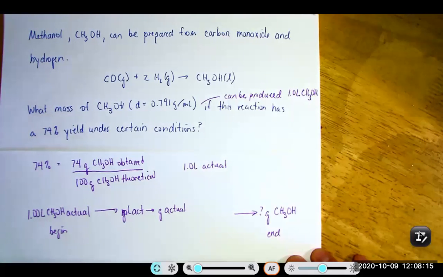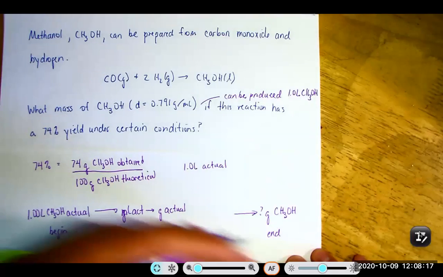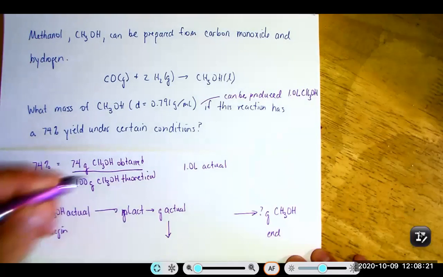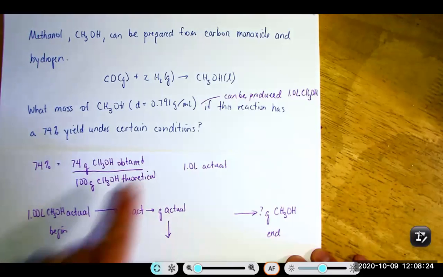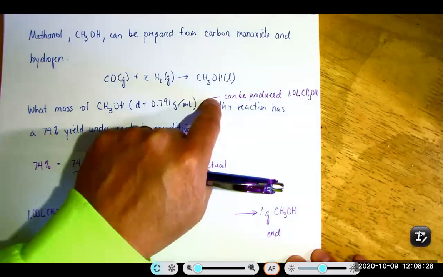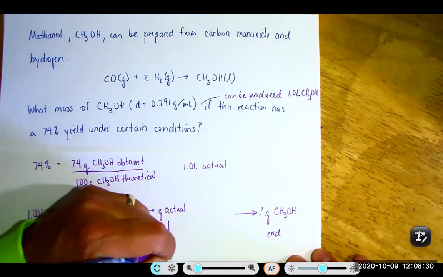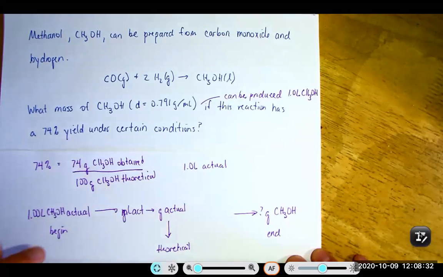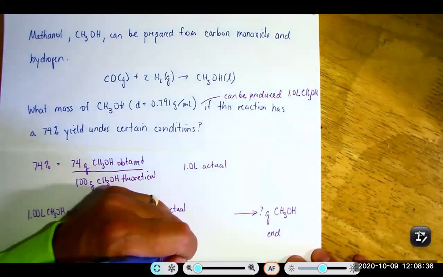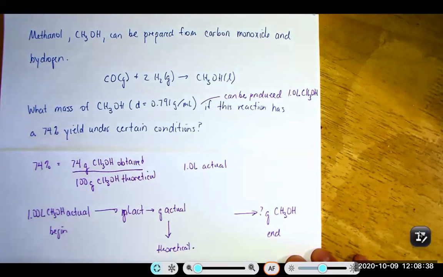And I see I need more room to work here, so I'm going to kind of go down here. If I have the grams of methanol that I actually want to get, I can calculate the theoretical because of this up here. And if I have the theoretical amount of methanol, then, well, shoot, that's it.